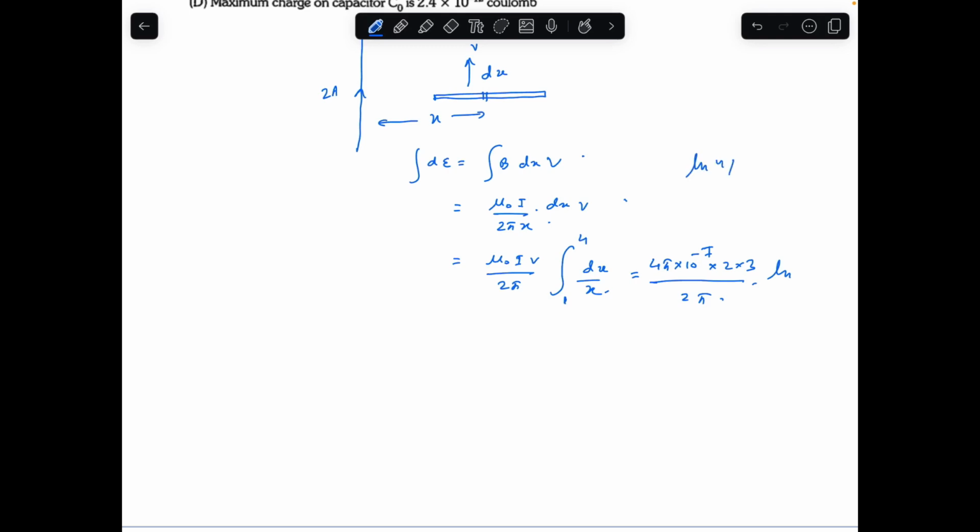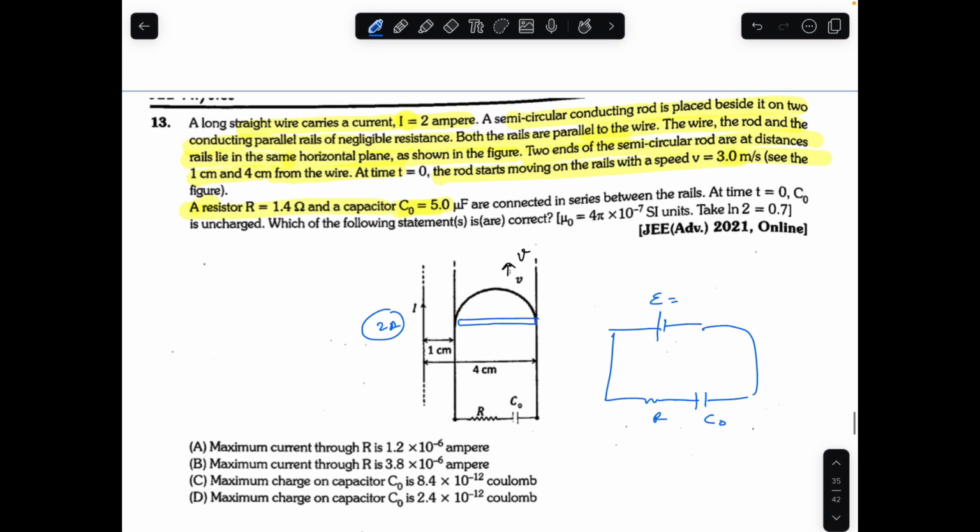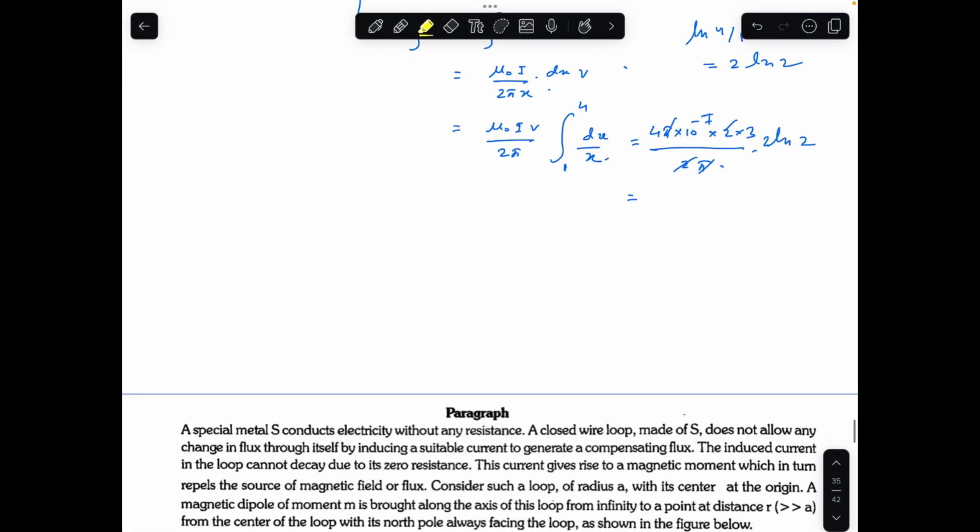So you get ln of 4 by 1. So I can get 2 ln 2, right? 2 ln 2. 2 cancels, π cancels. So ln 2, I think ln 2 value they have given, 0.7, right?